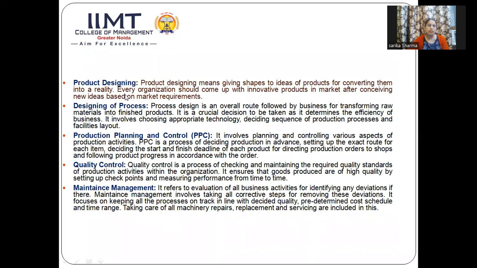Product design means giving shape. It's a very important step. First of all, if the company decides to make a product, the company makes a blueprint or any shapes, any drawing.